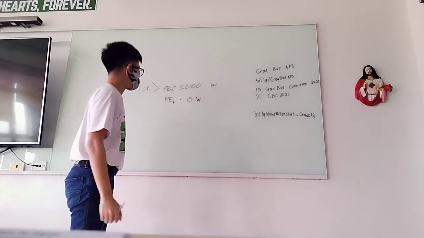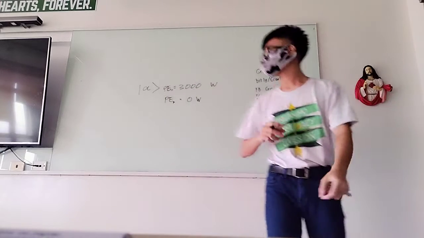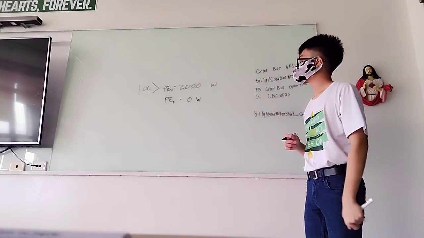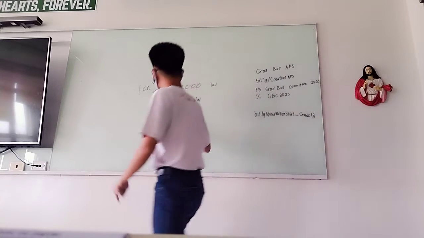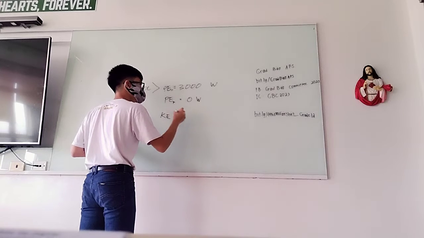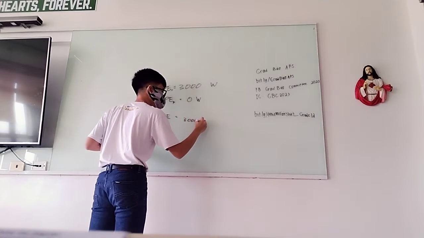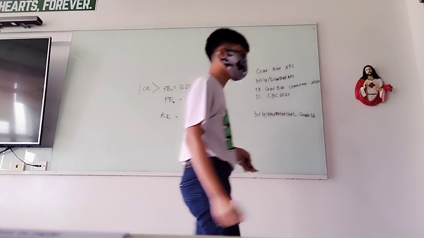And so now our kinetic energy, let's say that, of course, this is an ideal environment and all that. We don't lose energy. Absolutely not. So our final kinetic energy would be 3,000 watts as well, because in this ideal situation, all of the potential energy transfers into kinetic energy.